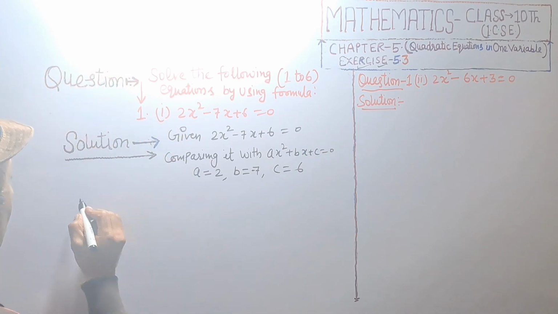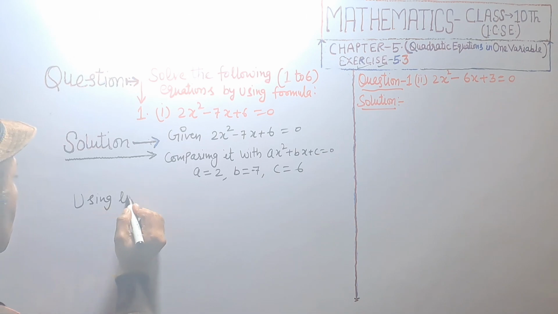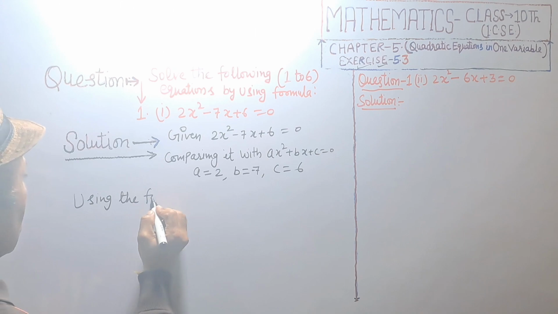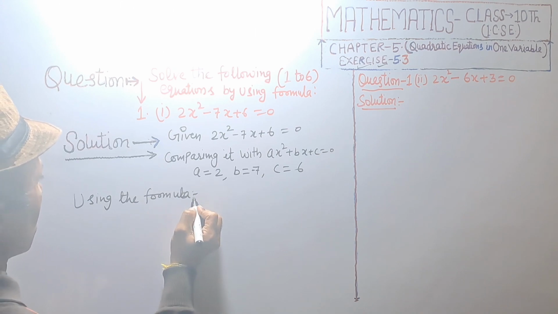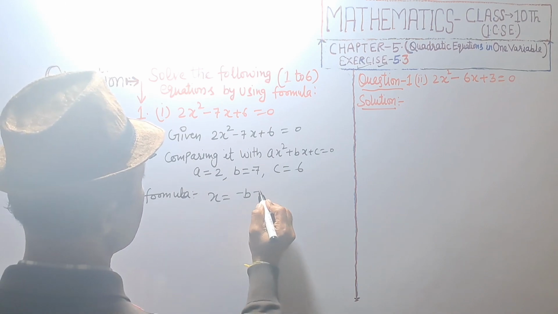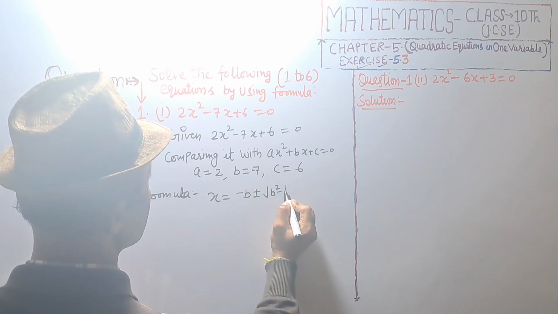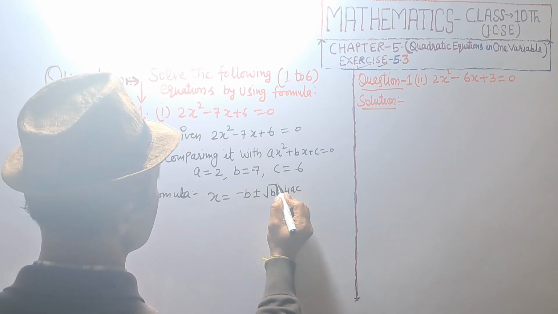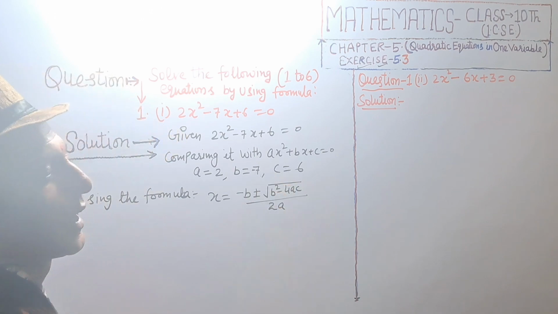And using the formula x is equal to minus b plus minus under root b square minus 4ac upon 2a.